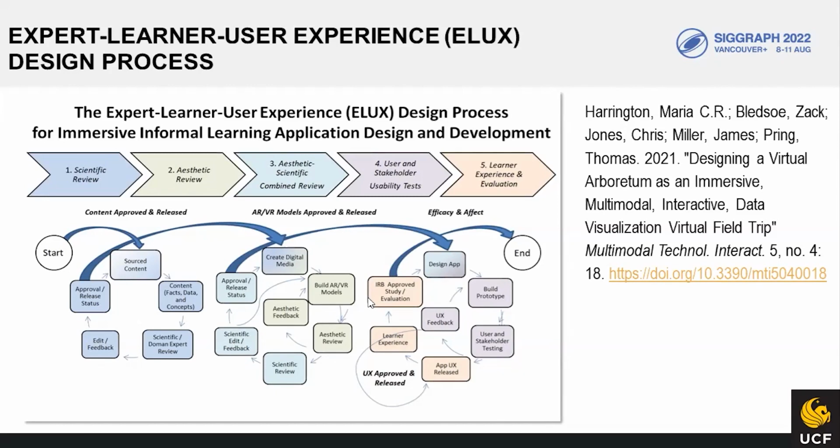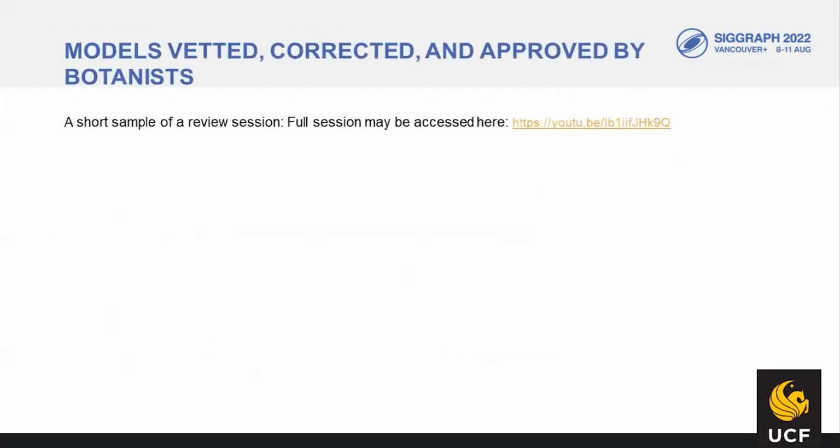The efficacy and the effect of it. So we were then using this as an artifact to research informal learning in museums or with the public. And once we end this first cycle, you can loop again, right? You can take all of this information and improve the design for the next cycle. And that's basically an expert learner user experience design process that is an extension of the user experience design process. And I call that ELEX. I think that's kind of cute, but anyone can use that process.